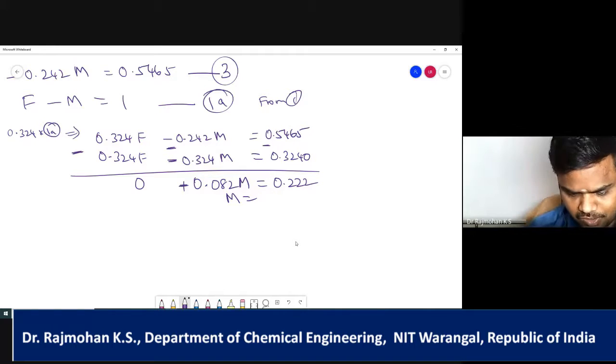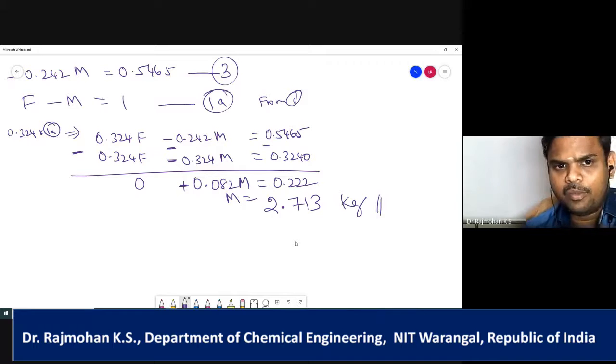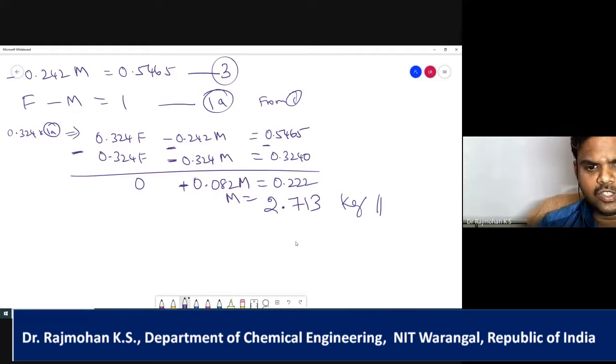So M value is equal to 0.222 divided by 0.082, 2.713.